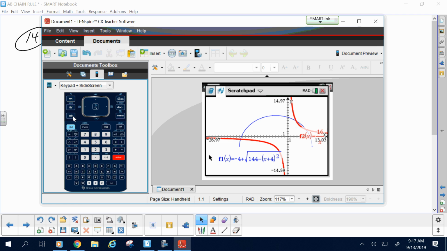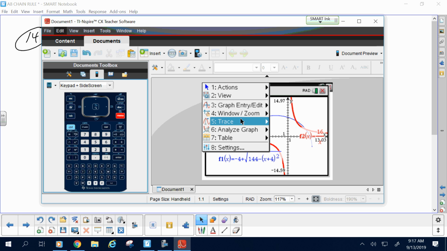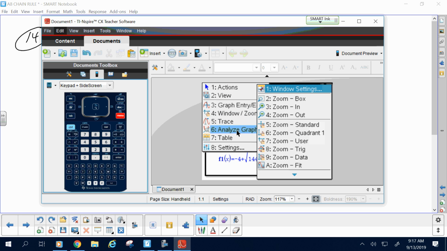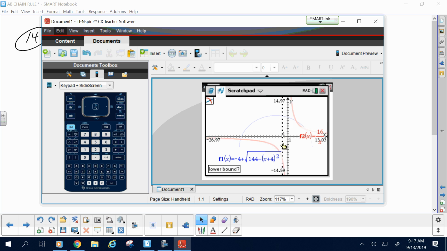It says don't worry about the third quadrant part. Find the coordinates of the intersections in the first quadrant. So I find the coordinates of the intersection points: analyze graph, intersection, here to there. Now here's the part that I added to part D. You need to be able to store those points for later use.